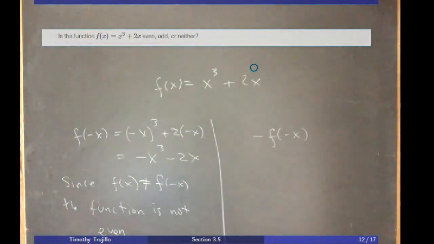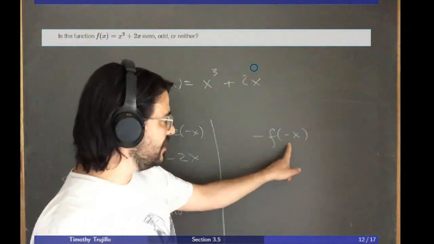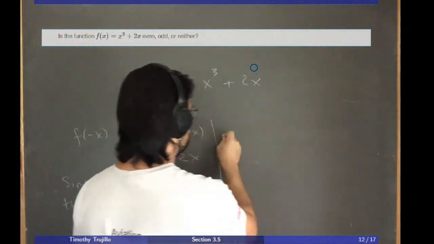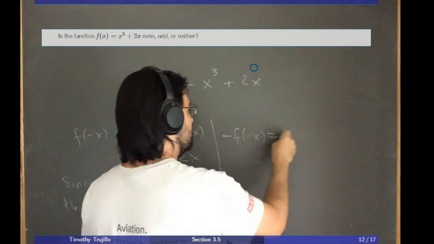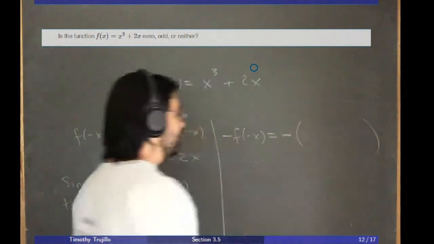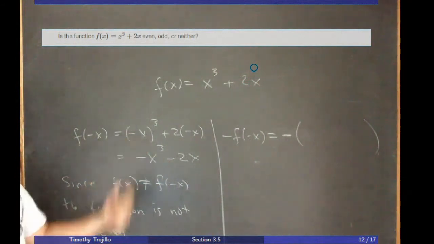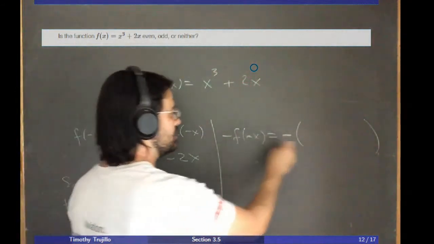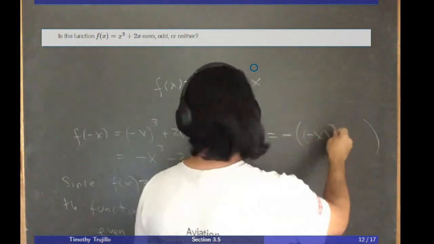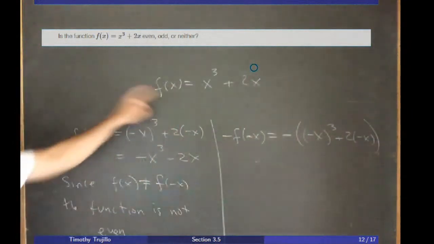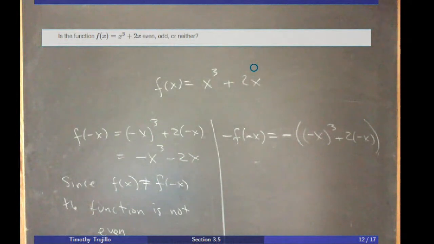And then we check to see if it's odd. So in this case, we want to compute the negative of f of negative x. So that means we have a negative on the outside, and then basically this expression here. So we're plugging in everywhere we see an x with negative x, so we would get negative of negative x cubed plus 2 times negative x. And we want to ask ourselves, does it actually equal the original function?